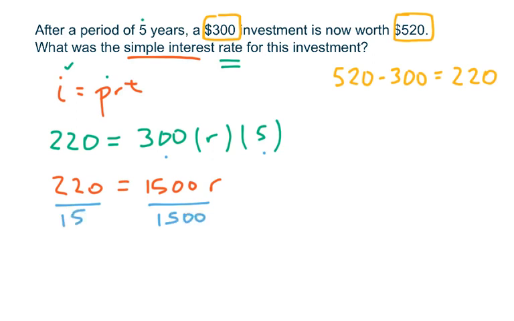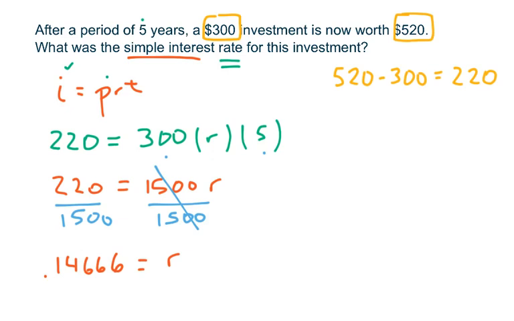When I divide by 1,500 on the right, those cancel, leaving just the r, which is where I'm trying to get to. And then on the left, I have 220 divided by 1,500, which is 0.14666.